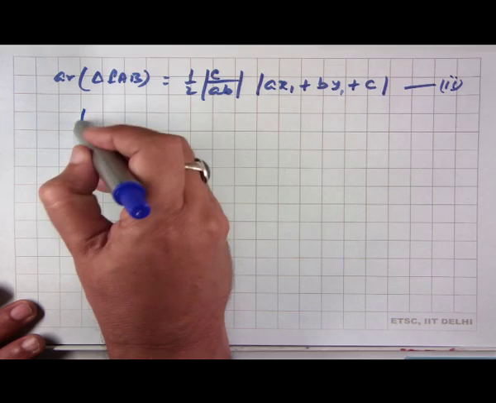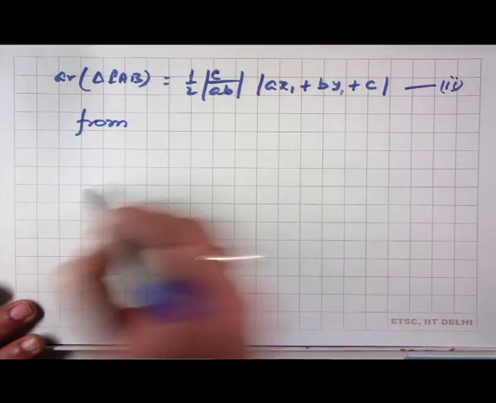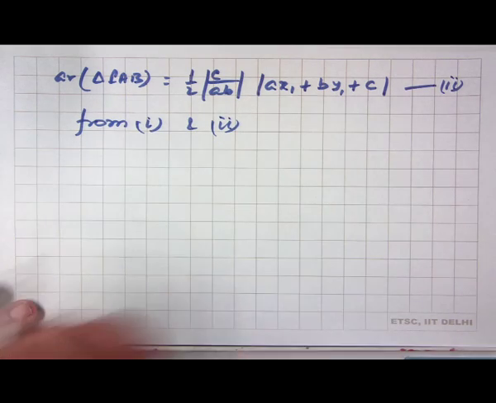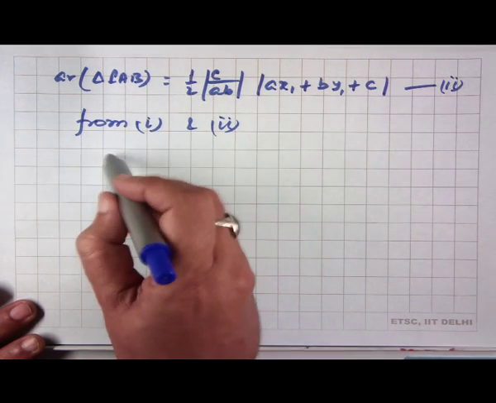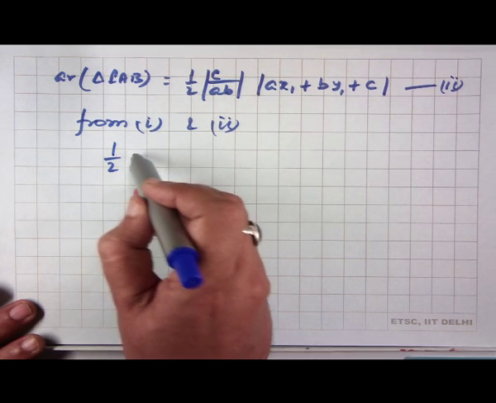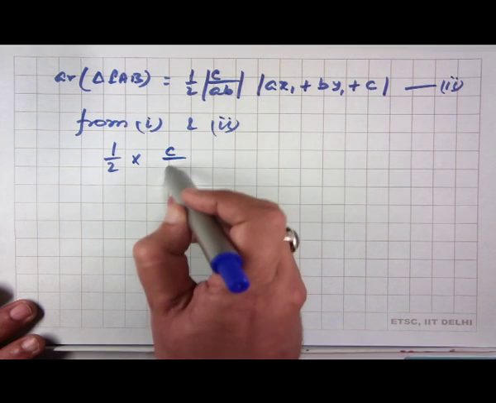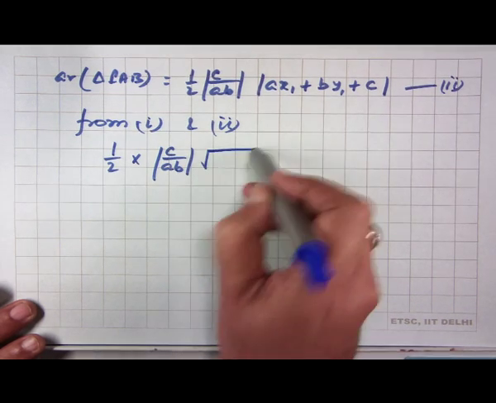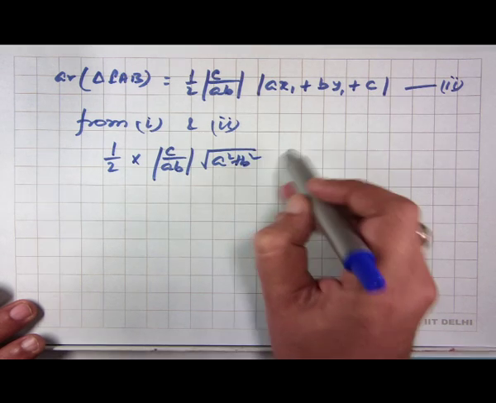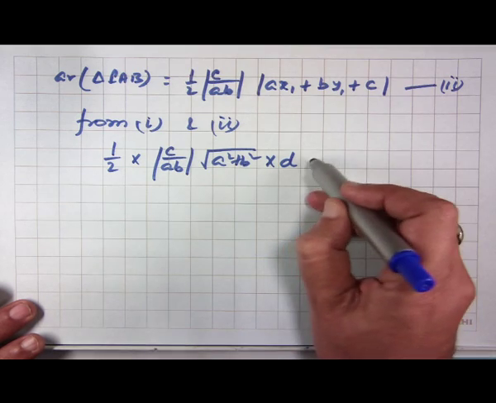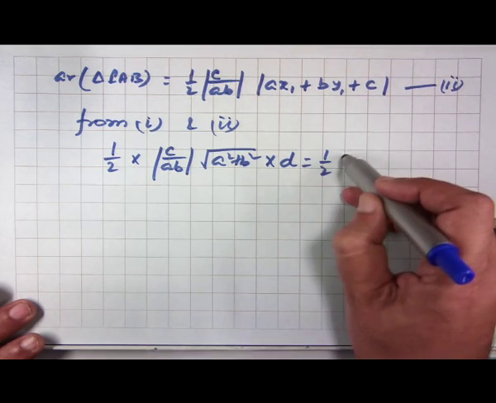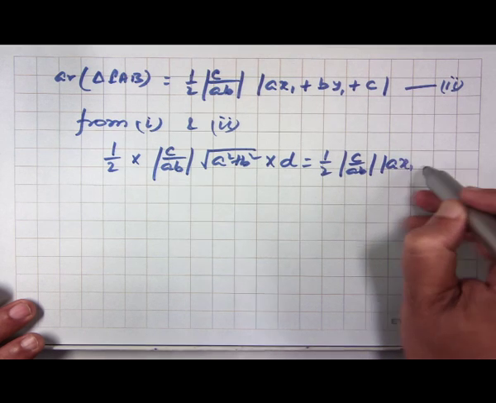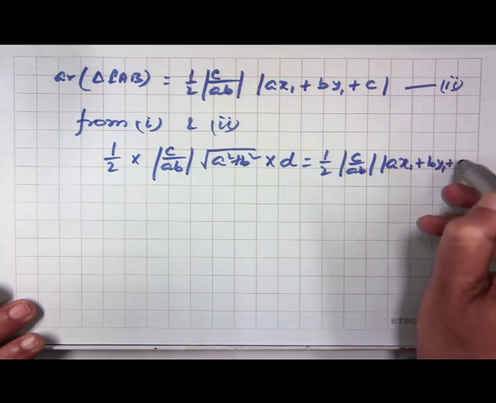So from 1 and 2, half into mod c by ab into square root of a square plus b square into d is equal to half mod c by ab into mod of (a x1 plus b y1 plus c).